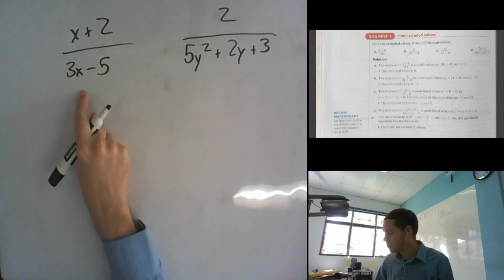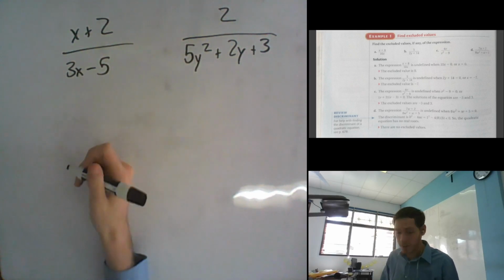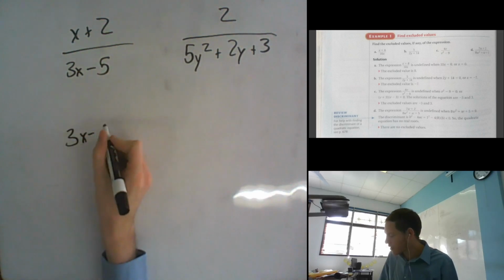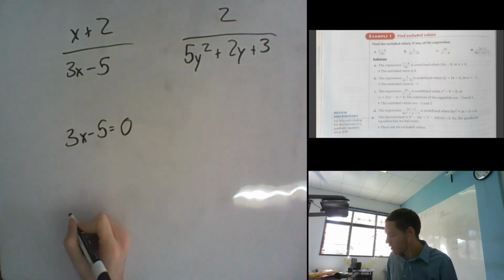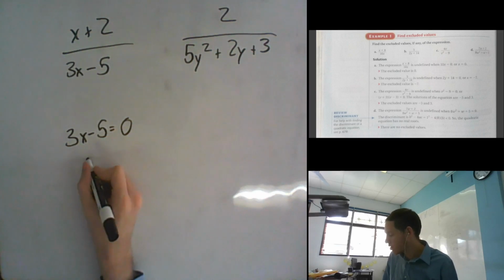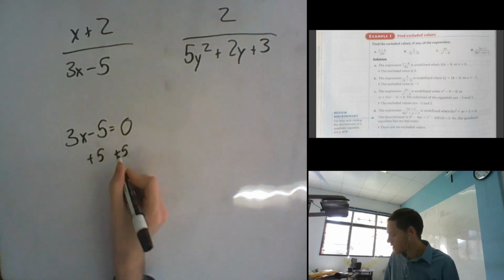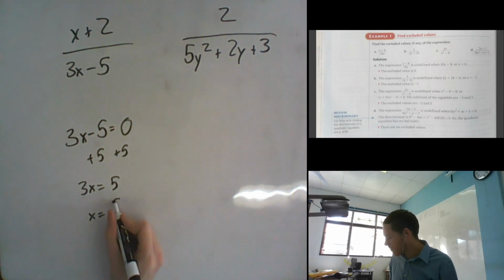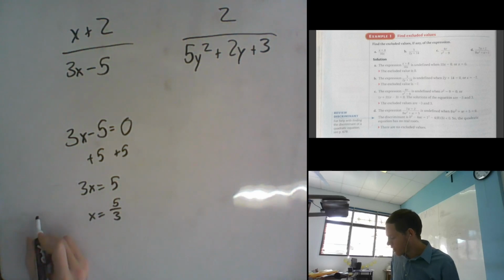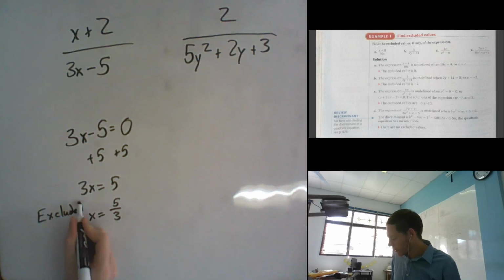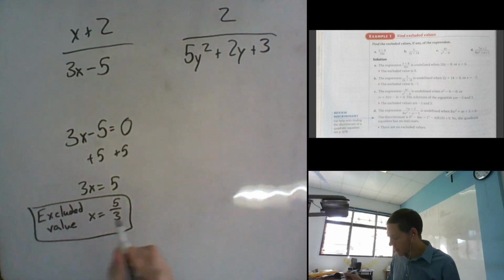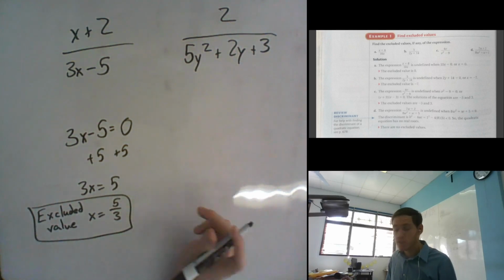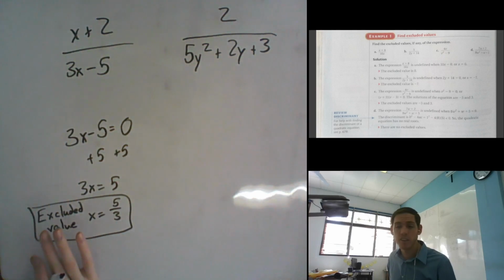So this first one, we set the bottom equal to 0. 3x minus 5 equals 0. And we solve for x. So add 5 to both sides. 3x equals 5. X equals 5 divided by 3. This would be our excluded value. Okay? Our excluded value. Right there. Okay?